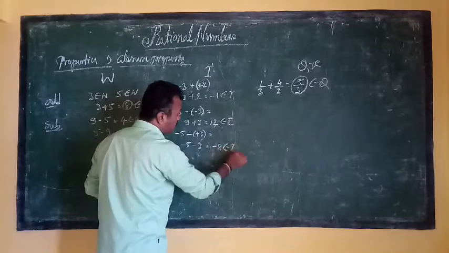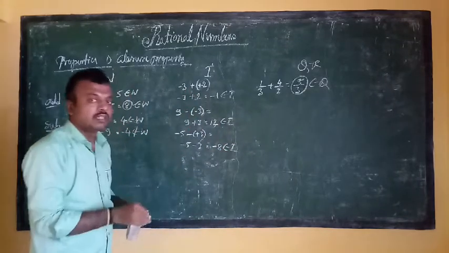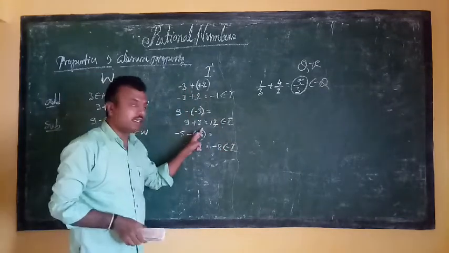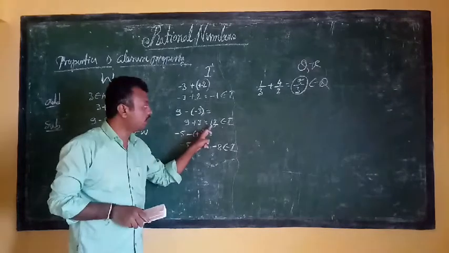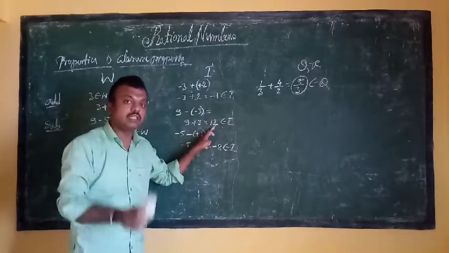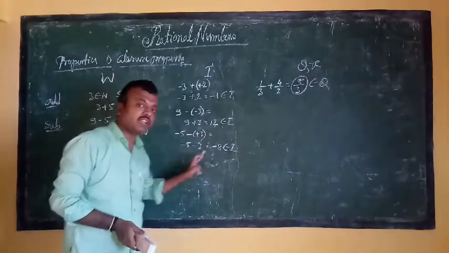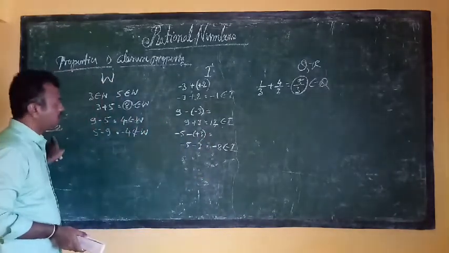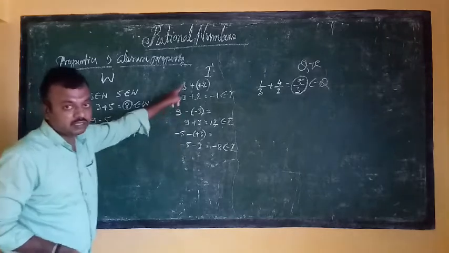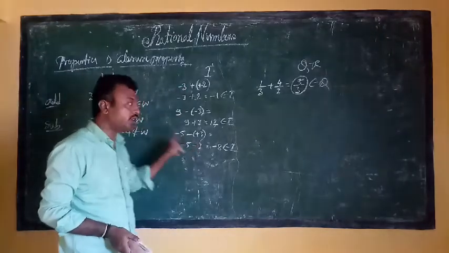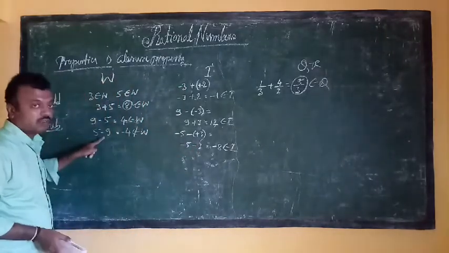Therefore, it belongs to integers. You can take any examples. If you subtract any two integers, the resultant number is always an integer. Therefore, the closure property of integers is satisfied under subtraction. Understand? Addition is satisfied and subtraction is also satisfied. For whole numbers only addition, not subtraction.